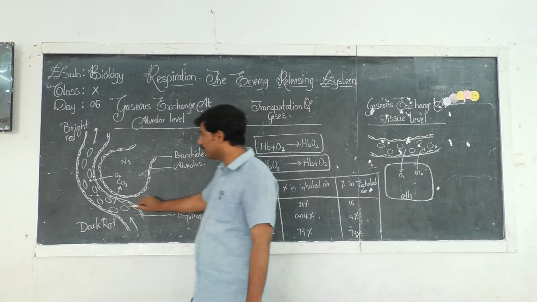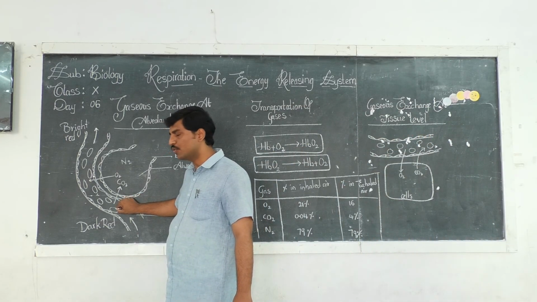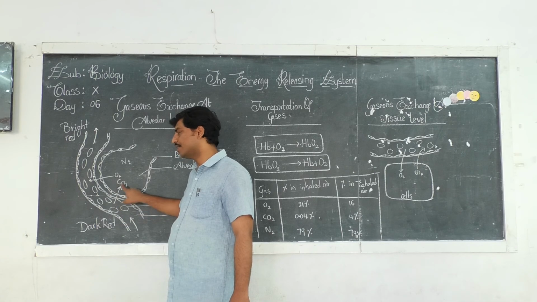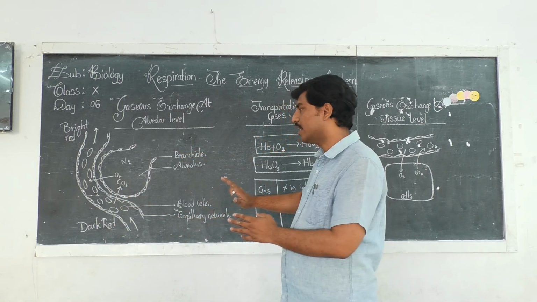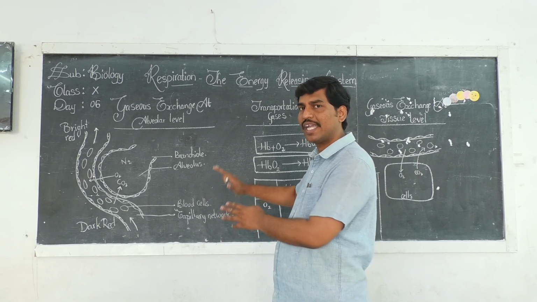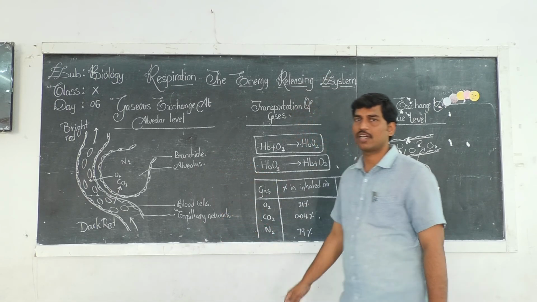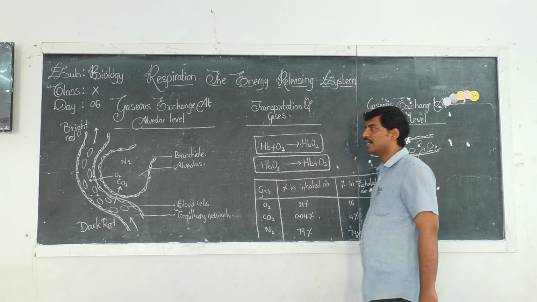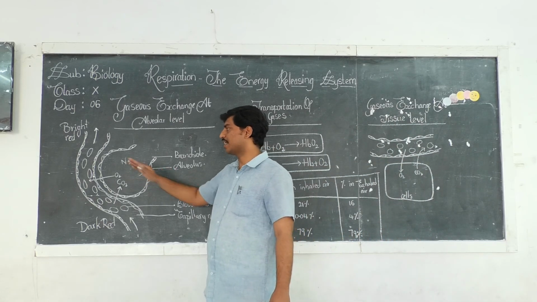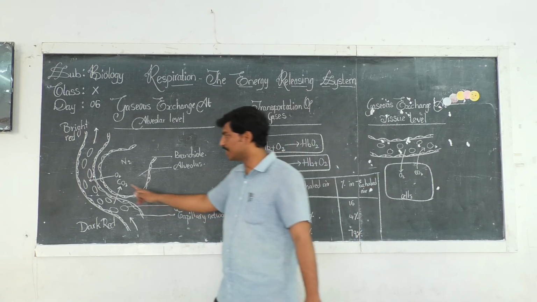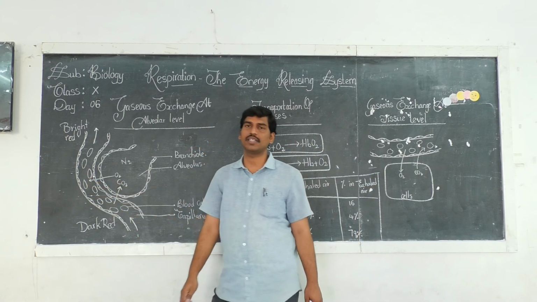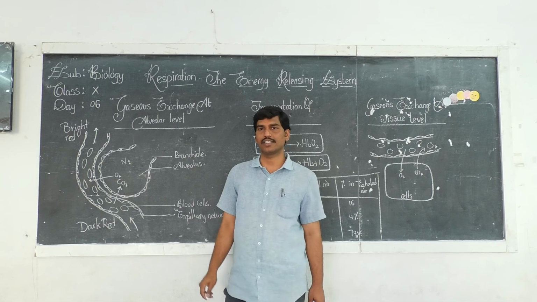Now what happens here? Carbon dioxide diffuses from blood capillaries into the alveoli, that is, movement of carbon dioxide from a higher concentration to a lower concentration region. Similarly, oxygen is present here in a high percentage, while the oxygen percentage in the blood capillaries is low.